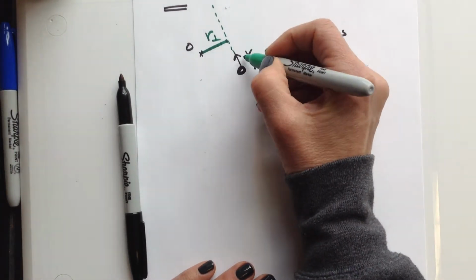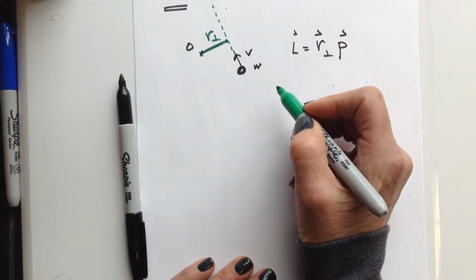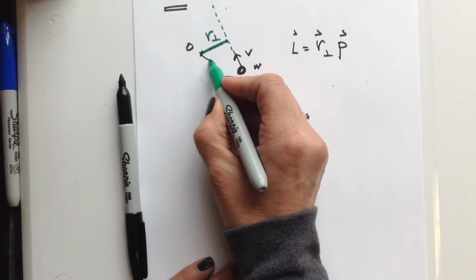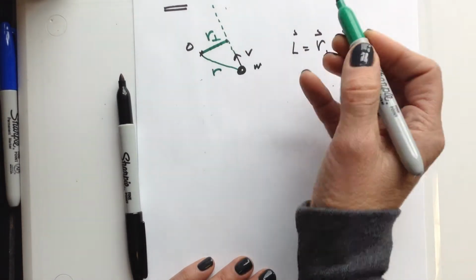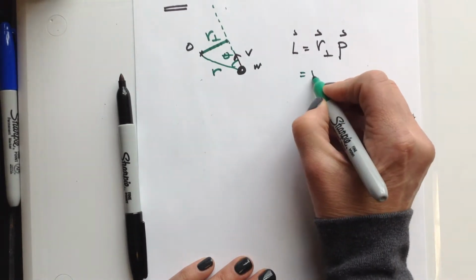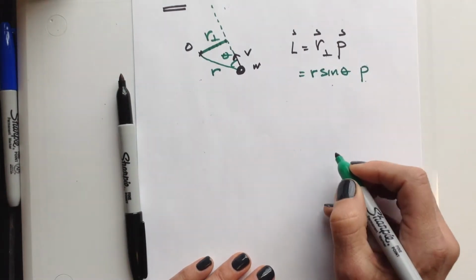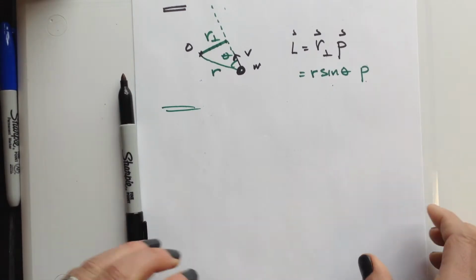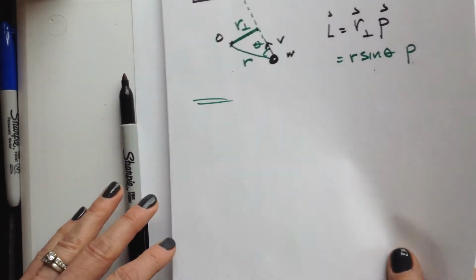And again, you'd have to know some angle relative to something in order to determine that R perpendicular if you were given the distance from here. If you knew this distance right here and you had that angle theta, that would be the sine of the angle, so it would be r sine theta times the linear momentum. So those are the different instances of looking at a particle moving in a straight line as well as a particle moving in a circle.